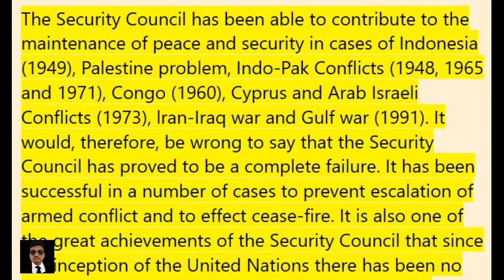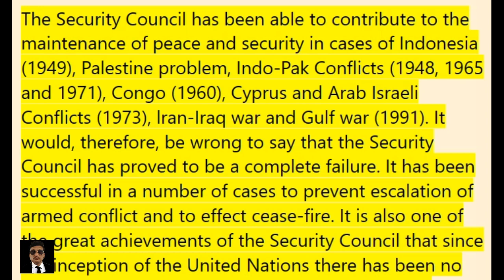The Security Council has been able to contribute to the maintenance of peace and security in cases of Indonesia, 1949, Palestine problem, Indo-Pak conflicts, 1948, 1965 and 1971, Congo, 1960, Cyprus and Arab-Israeli conflicts, 1973, Iran-Iraq War and Gulf War, 1991.